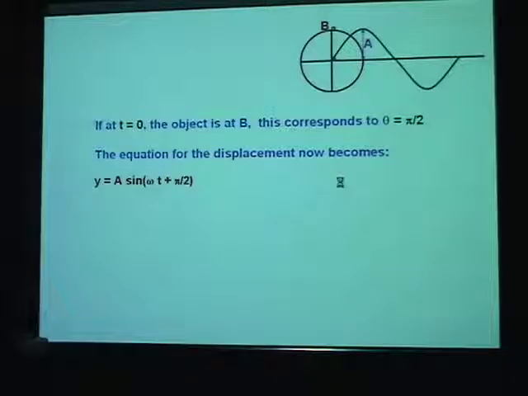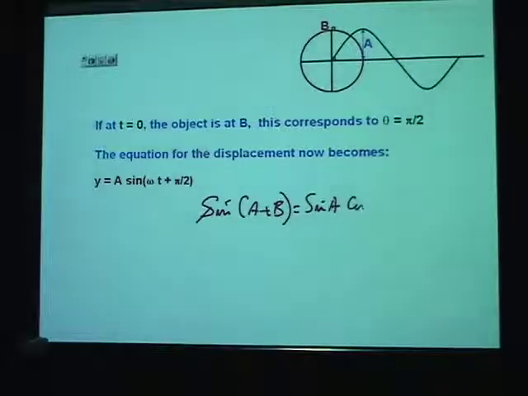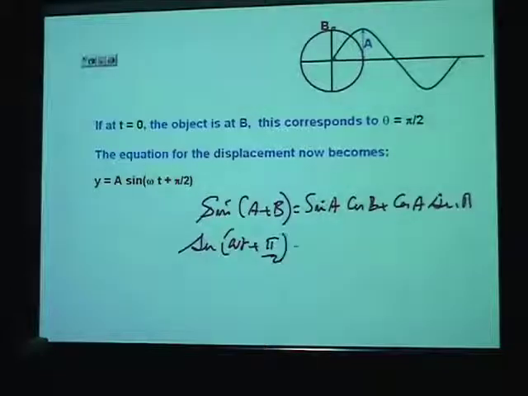Well, you know that sine of a plus b is sine a cos b plus cos a sine b. So what is sine of omega t plus pi by 2?